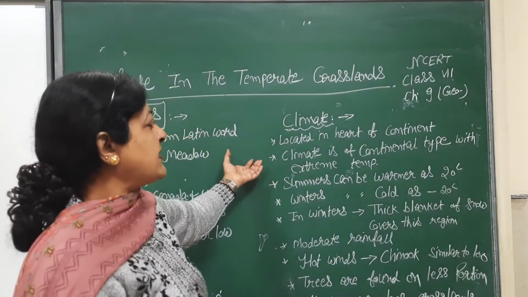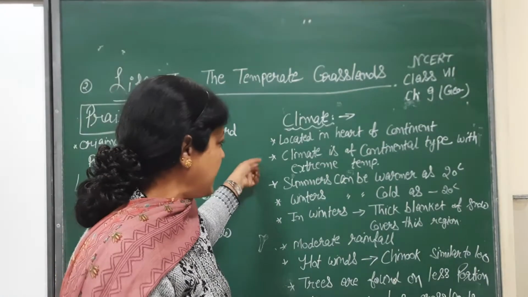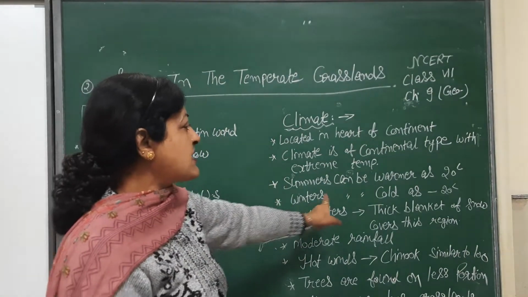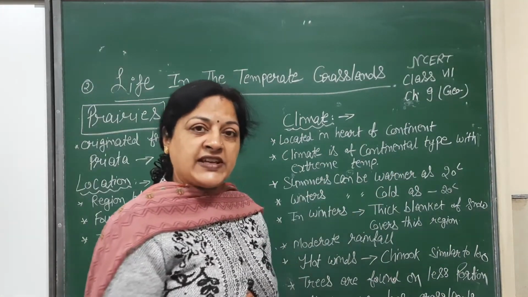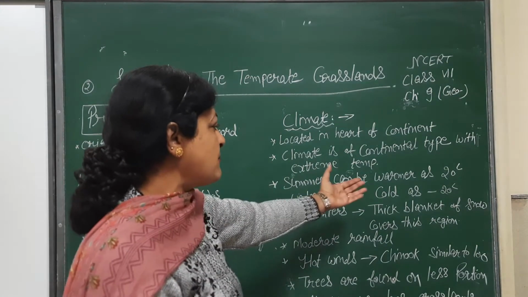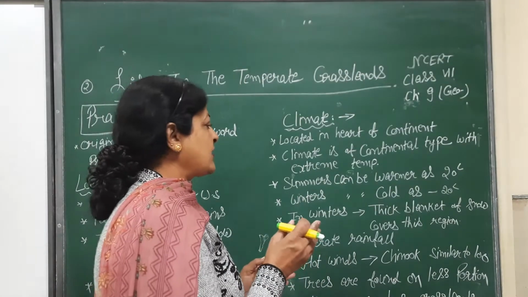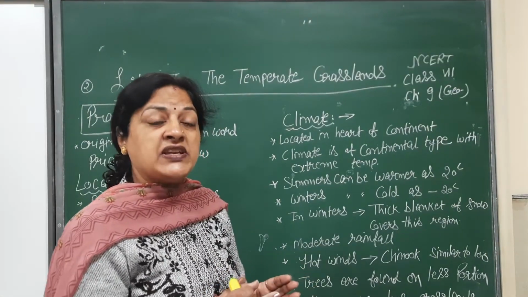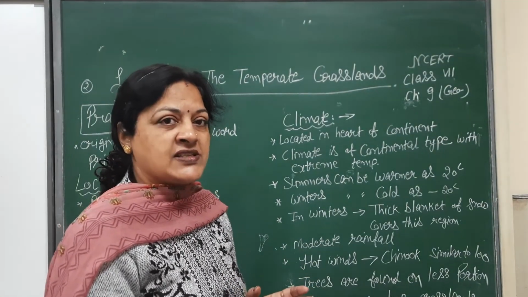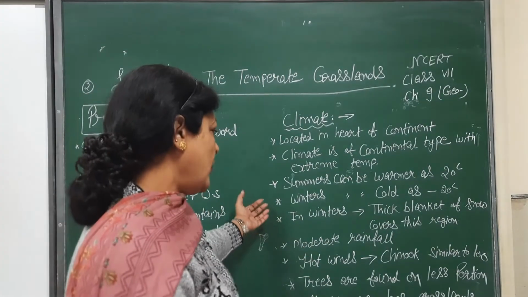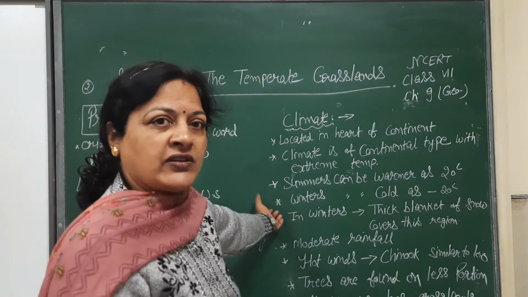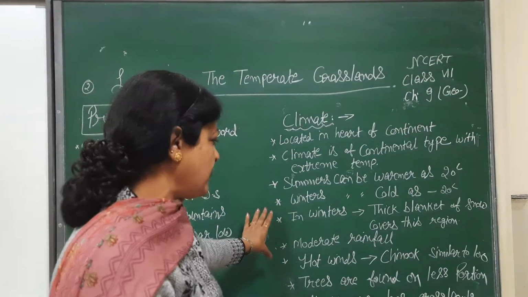The climate is continental with extreme temperatures. Summers can be as warm as 20 degrees Celsius and winters as cold as -20 degrees. In winters, a thick blanket of snow covers this region. The rainfall in this area is moderate.